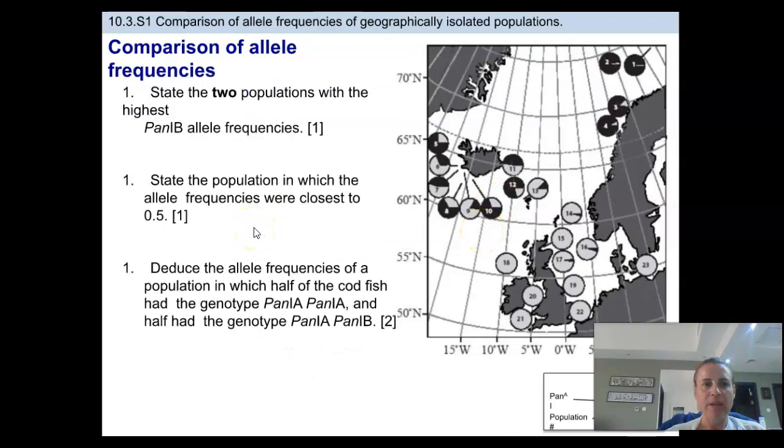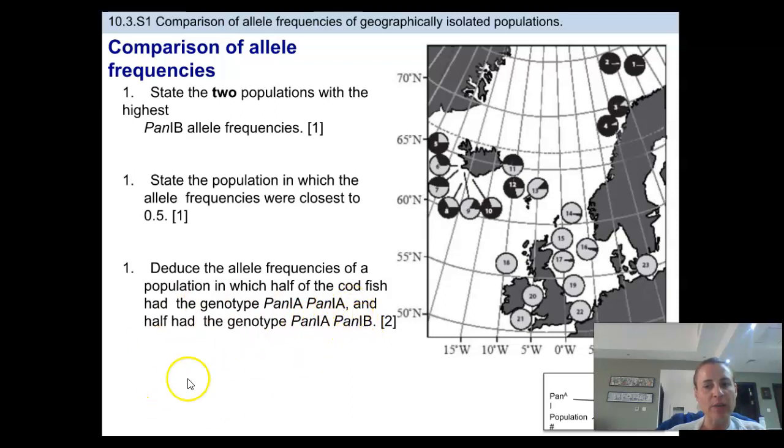So, question. State the 2 populations with the highest pan-IB allele frequencies. State the population in which the allele frequencies were closest to 0.5. And deduce the allele frequencies of a population in which half of the codfish had genotype pan-IA, pan-IA, and half had the genotype pan-IA, pan-IB.